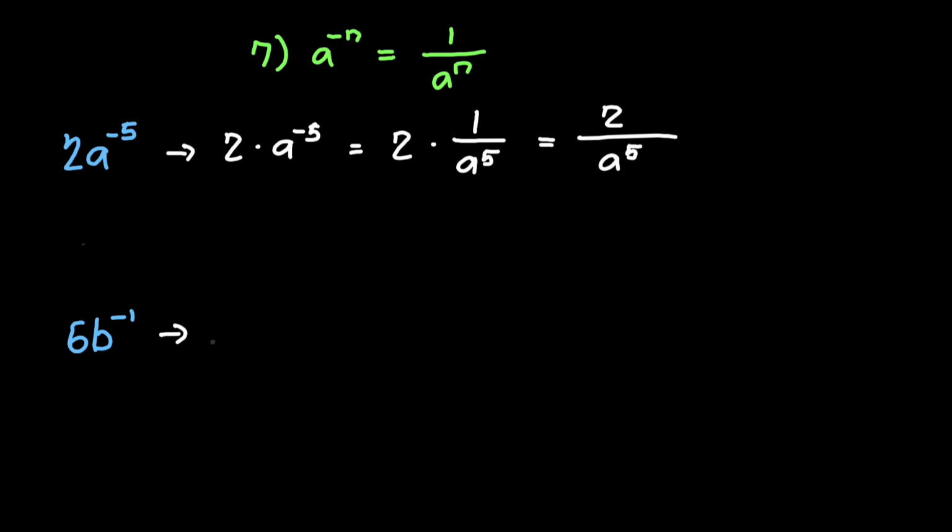For this, 6b raised to the power of negative 1. It would be 6 multiplied by b raised to the power of negative 1, which is equal to 6 multiplied by 1 over b. Simplify this, you will get 6 over b.